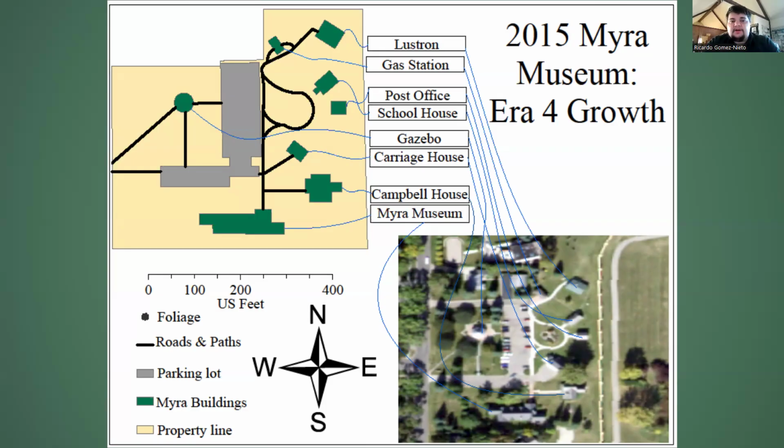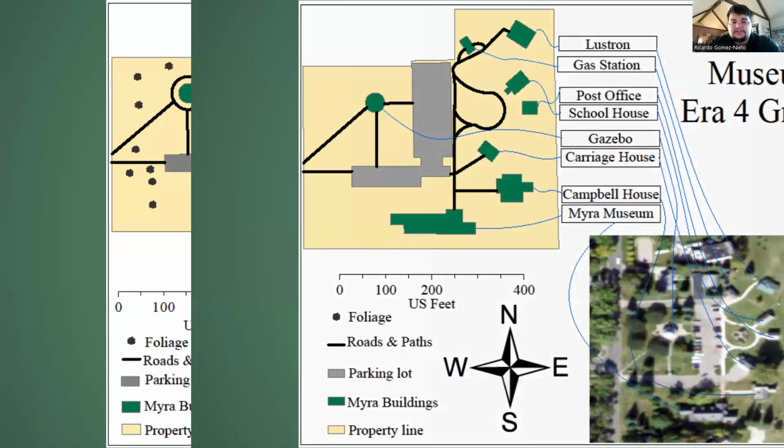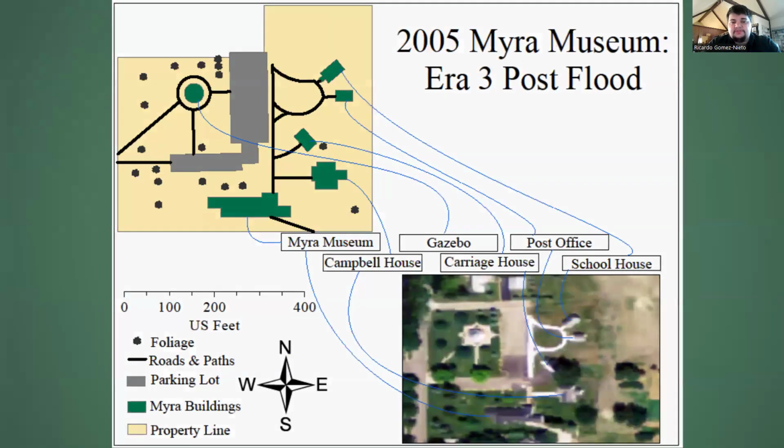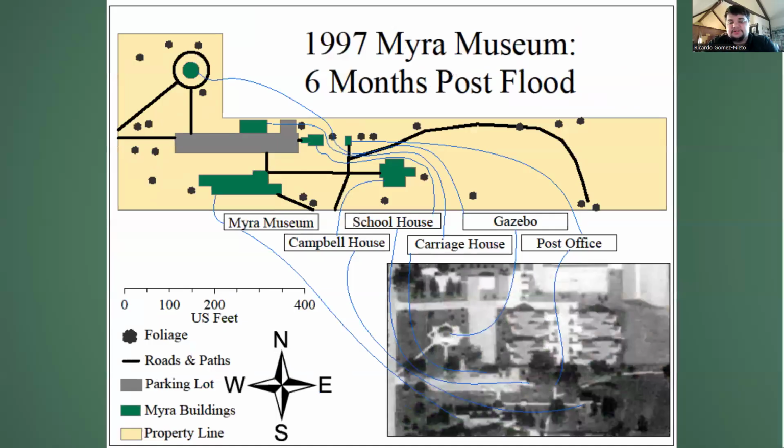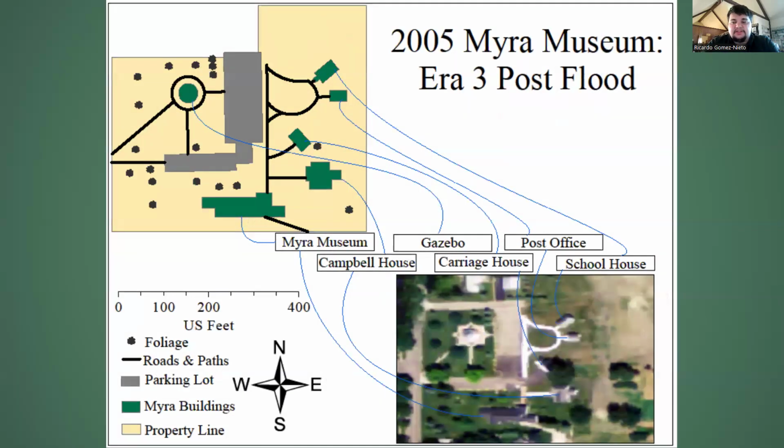Rather than basing them on a cultural or a metaphorical example, we can base this on hard calculating facts to say, at this point in time, this building was here. It had significant value because it would eventually turn into the Meyer Museum Campbell House. And you can see how the building itself, Campbell House, was only moved once in 2005 from its original position to its current location, slightly up and to the right.